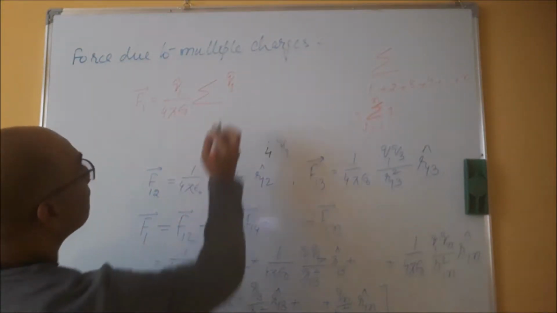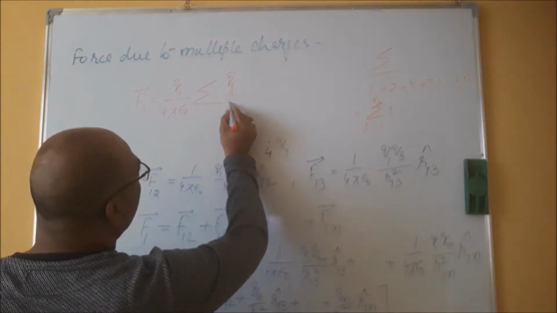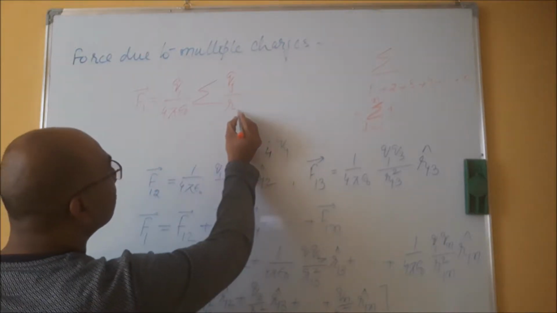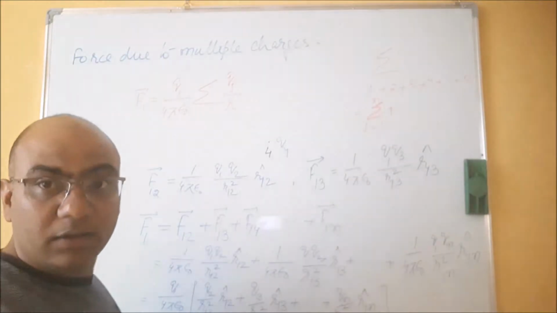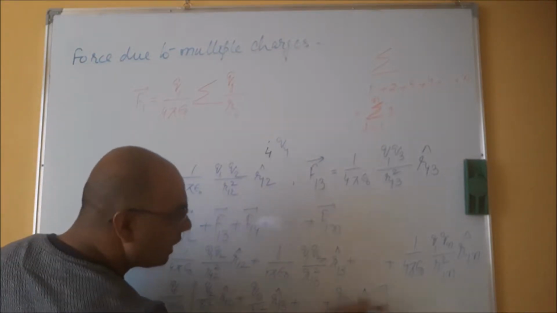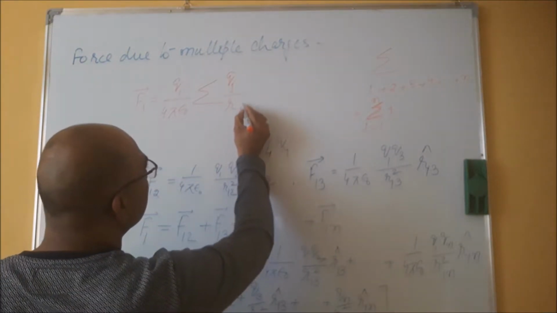Similarly, you see, divided by r, the first term is always the constant 1, so I'll put 1 here. And now this 2, this 3, this 4, 5 up to n, so this is j.